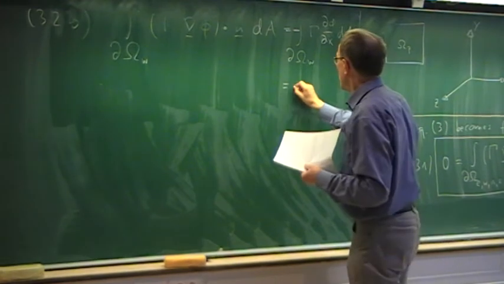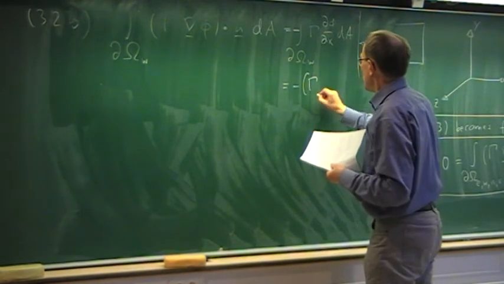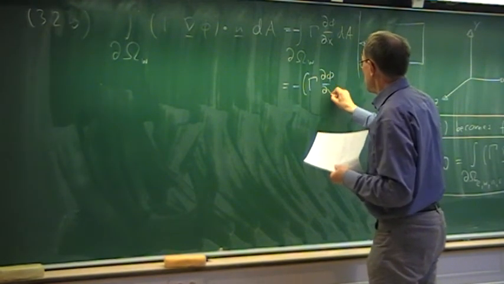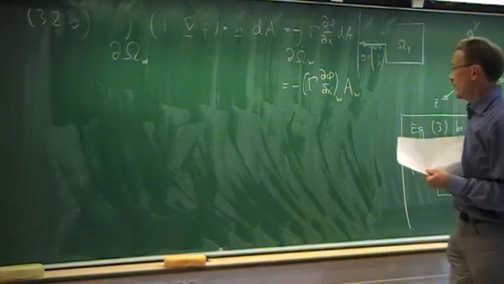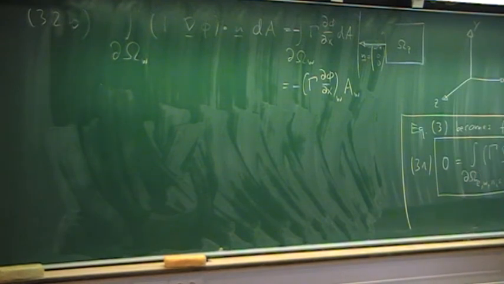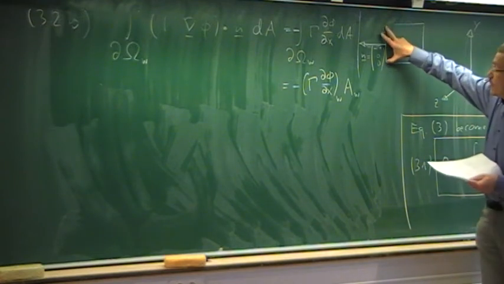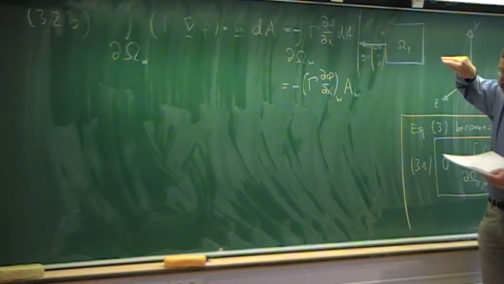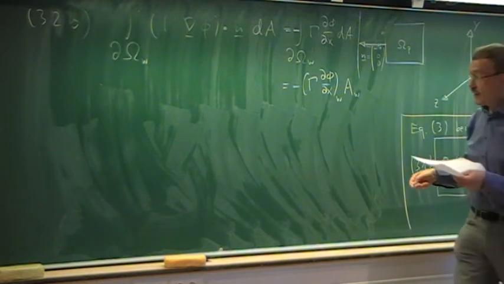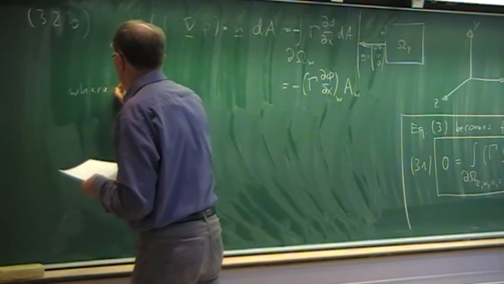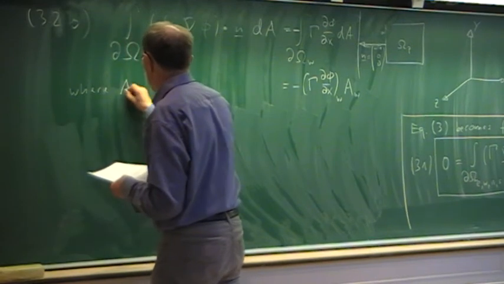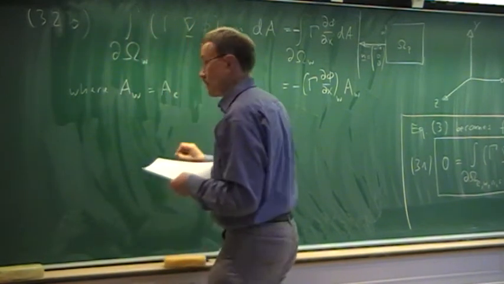So we get minus gamma d phi dx at the western face times the area at the western face. And the area of the western face, if you look at the control volume here, will be delta y times 1 meter in the z direction. So the area at the western face is simply the same as at the eastern face.